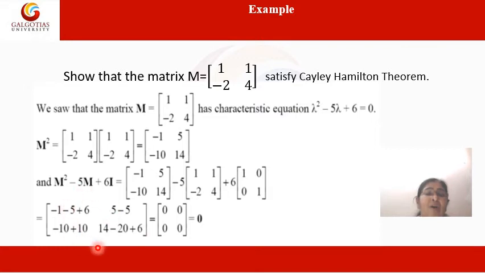On solving all these entries, I will get 0, 0, 0, 0, which is equal to the zero matrix. So in this way, I can see that this characteristic equation gets satisfied, so the Cayley-Hamilton theorem gets satisfied.